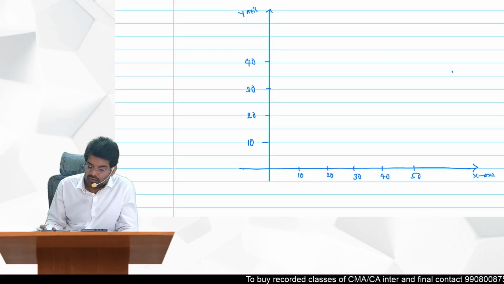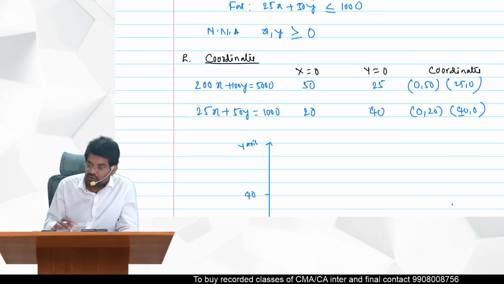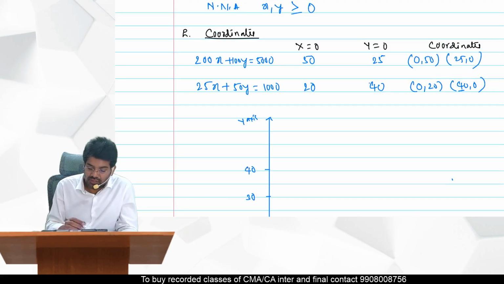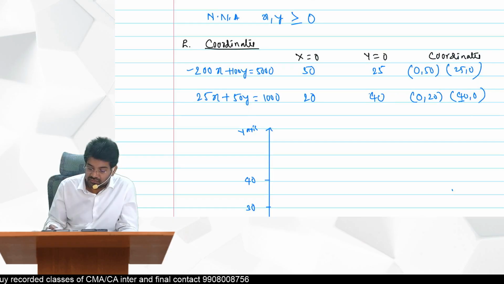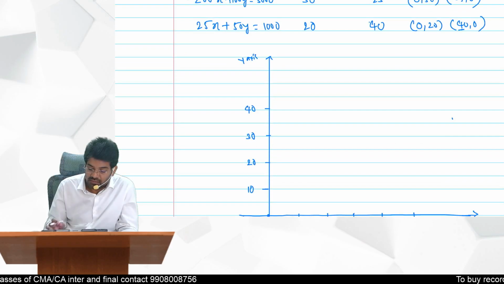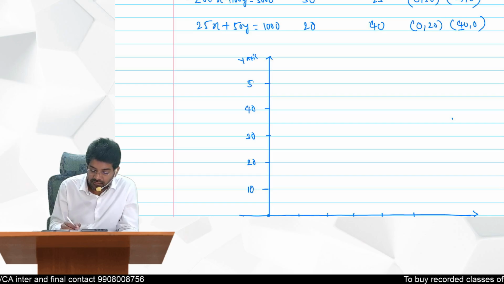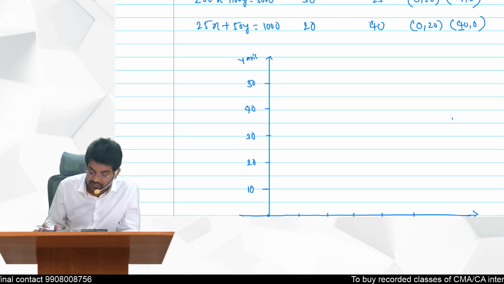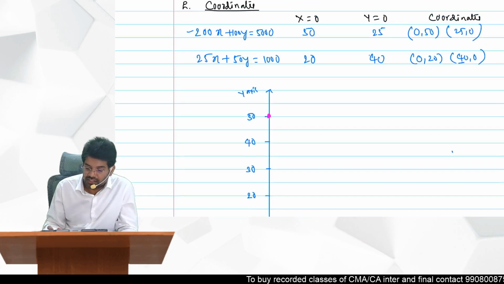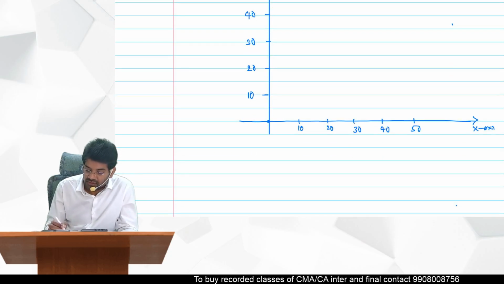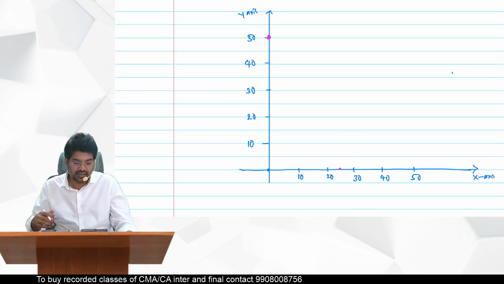Right now, first what we will do is each equation we will represent in the form of a line. Now first one, this one. So first coordinate is 0, 50, y is up to 50 now. So 0, 50 means this is the point. Next one 25, 0, means here exactly middle. So now we should draw a straight line.